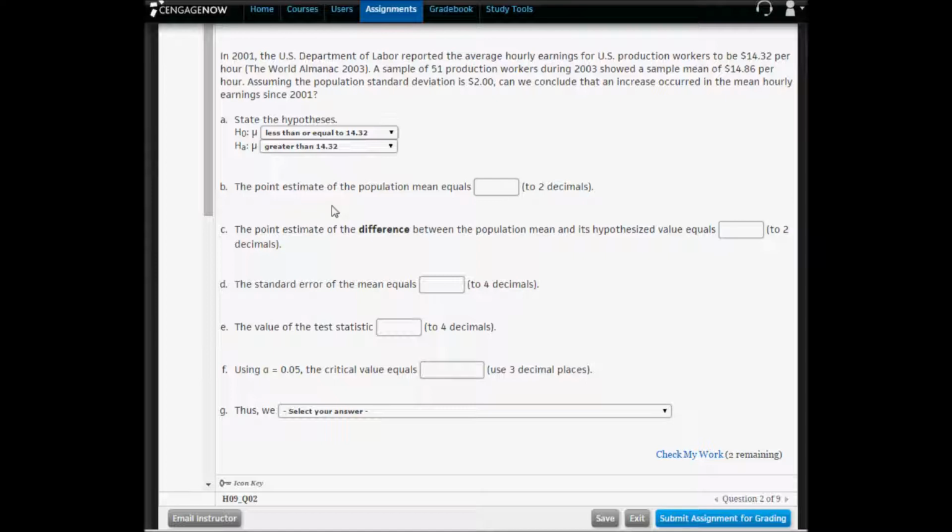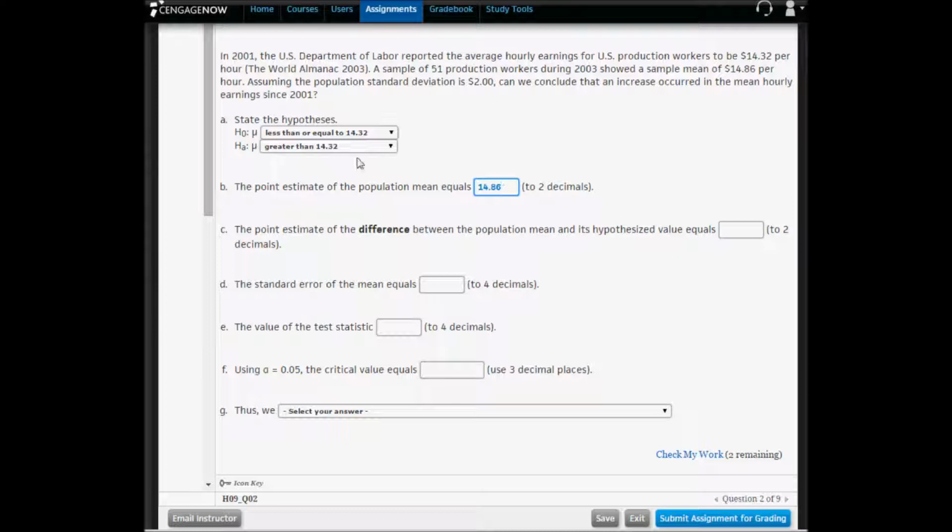The point estimate of the population mean for 2003 is the sample mean that was computed in 2003. In this case, 14.86. So 14.86 is the estimate of the hourly wage in 2003.